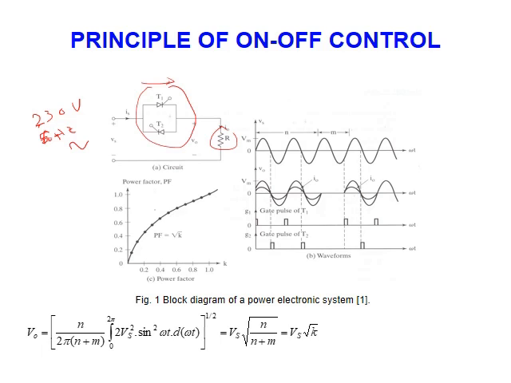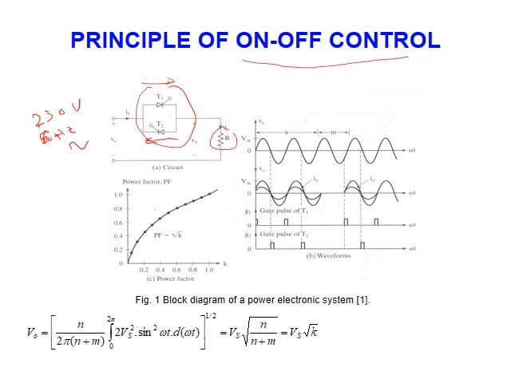One conducts the positive part and one conducts the negative part. In the on-off control method, we switch the thyristors at firing angle alpha equal 0. It's like a diode now, but for a few cycles, and we don't trigger for another few cycles.